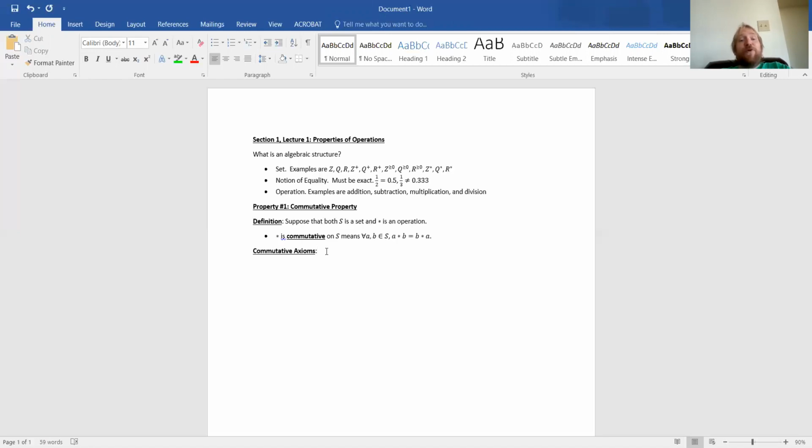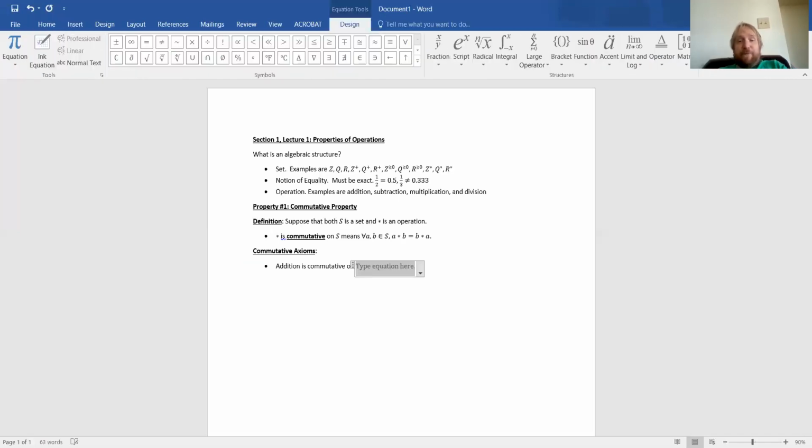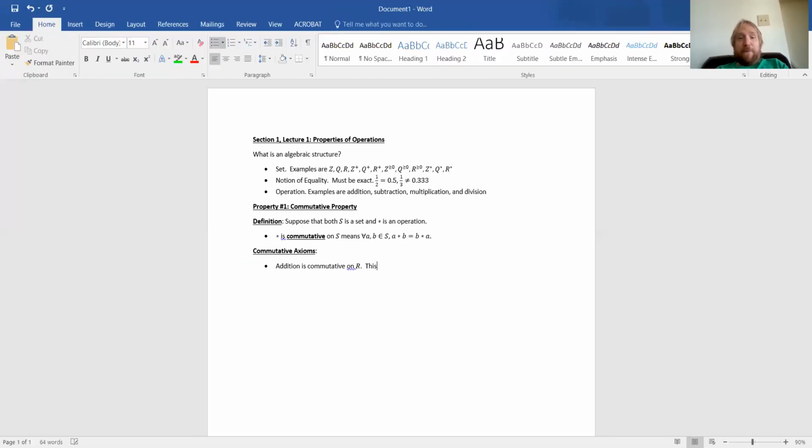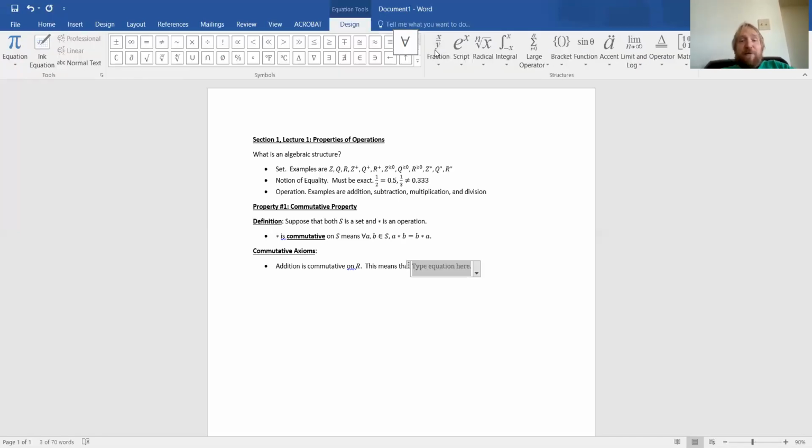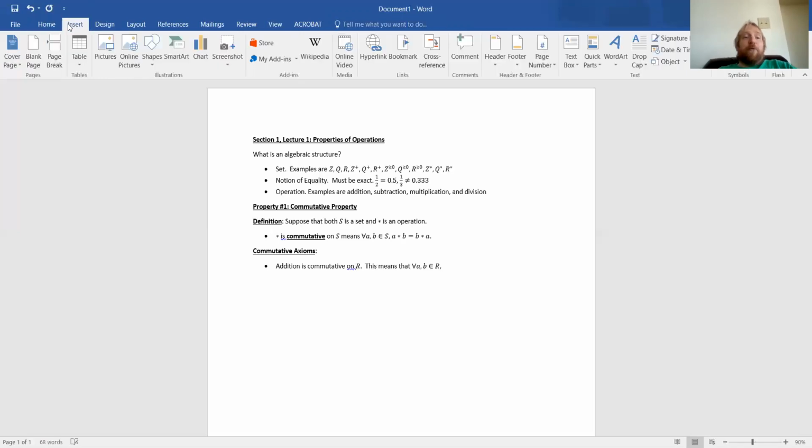And the 2 commutative axioms that we accept are that addition is commutative on the set of real numbers. And what this means is that for every pair of elements A, B in the real numbers, A plus B equals B plus A.